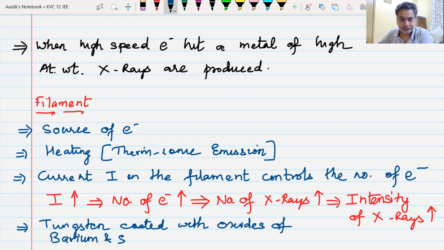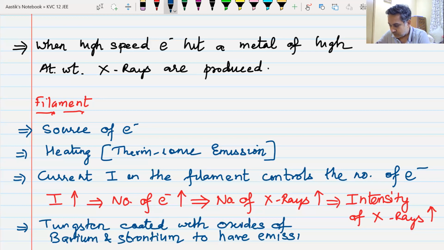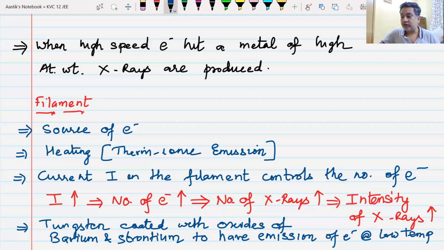Why? It is coated with barium and strontium to have emission of electrons even at low temperatures. Even if the temperature of the filament is low, they would be able to emit electrons. That is the first element.